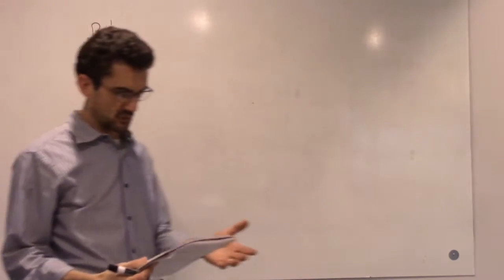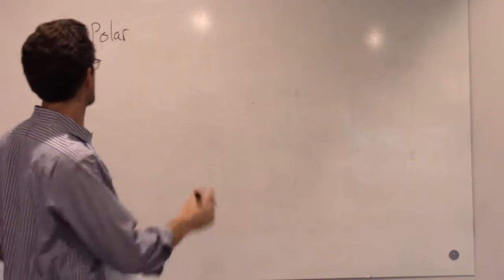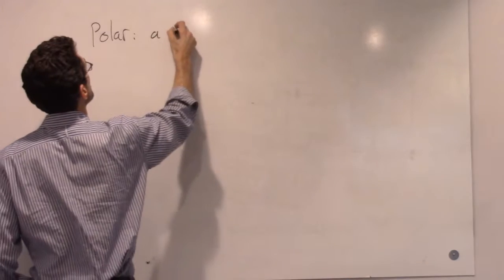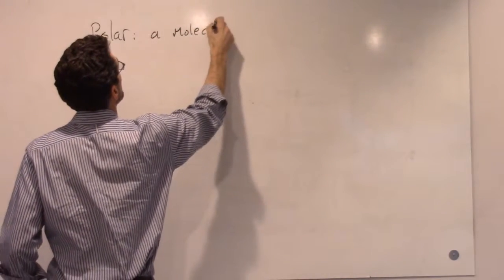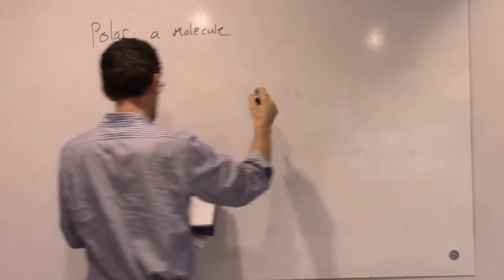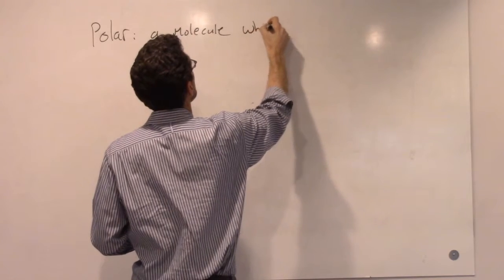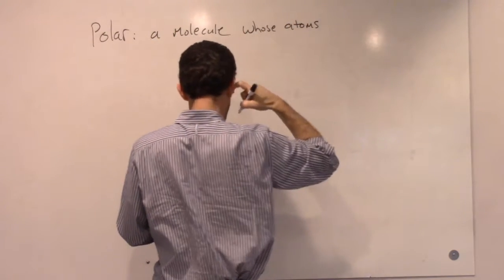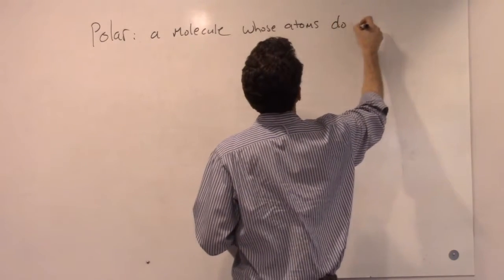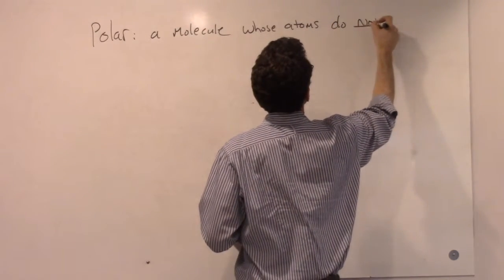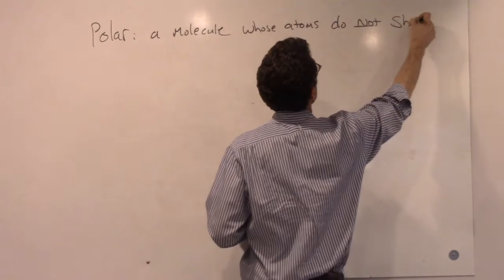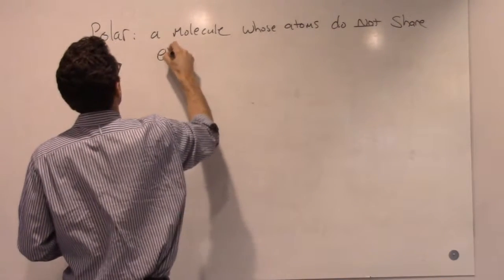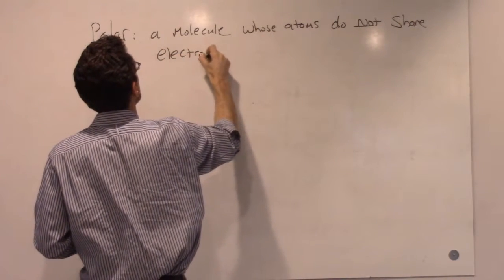What makes something polar is it's a molecule whose atoms do not share electrons equally.